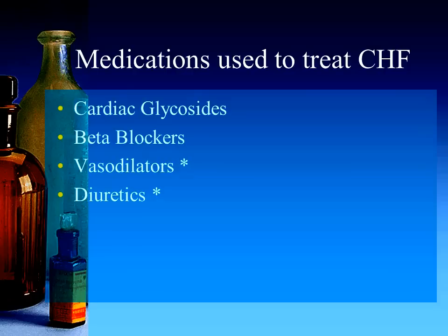Similar to when we did classification in biology. We classified mammals, and all mammals had these similarities, and we classified invertebrates, and they all had these similarities. That's a similar thing we do with medications. So, as I said, you may see more than one classification.